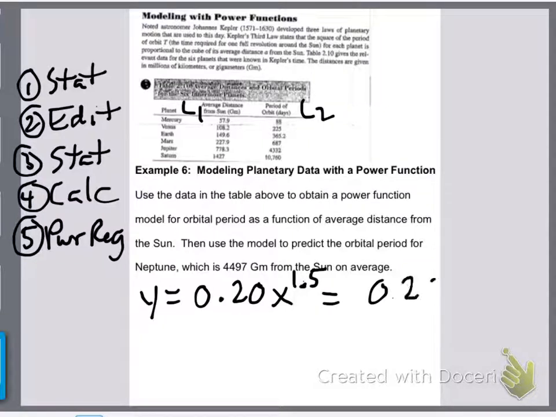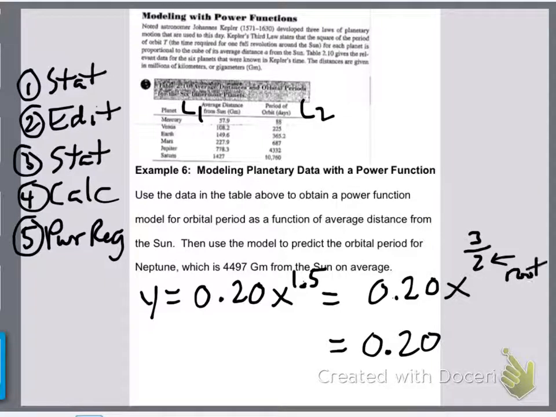So I have 0.20 x to the 3 halves, because 1.5 and 3 halves are the same, so I change it to a fractional exponent. If I changed it to radical form, the 2 on the bottom is the root. So I have a square root of x to the 3rd power.